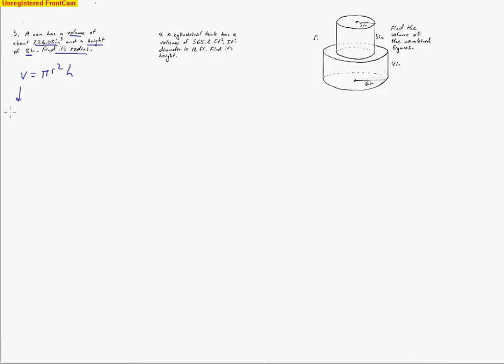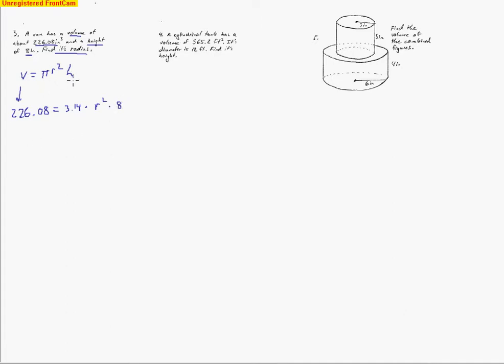In place of the volume, I'm going to put 226.800 equals pi, and let's write pi in the approximate form. So let's write it as 3.14 times my radius, which is what I'm looking for. So radius squared times the height, which is 8.